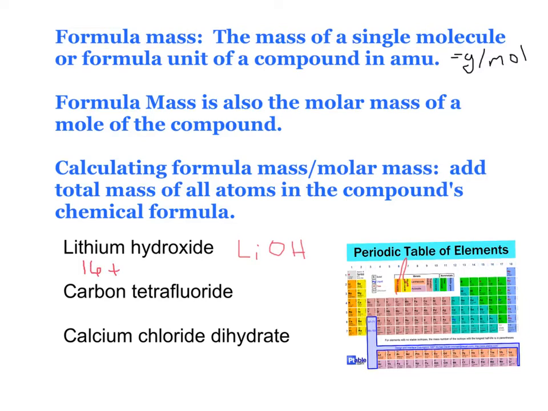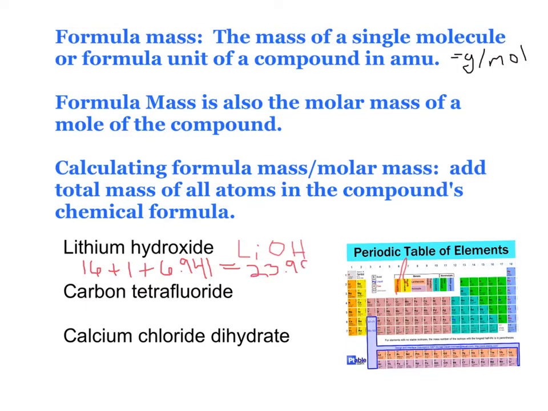If you add them all together, you get 23.95 when we're all said and done. These are all given values, so there is no significant figure count on these. You should carry it out to the hundredths place.